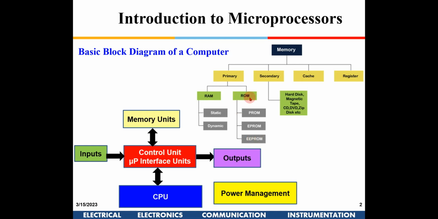When I say a ROM, it is non-volatile. That means even if the power is switched off, those programs will be retained. Since it is electrically erasable and programmable, some portion of the EEPROM is used for BIOS settings, and we can change that portion of the program. For example, when we have more than one or two hard disks or more than one operating system, we can do those BIOS settings.